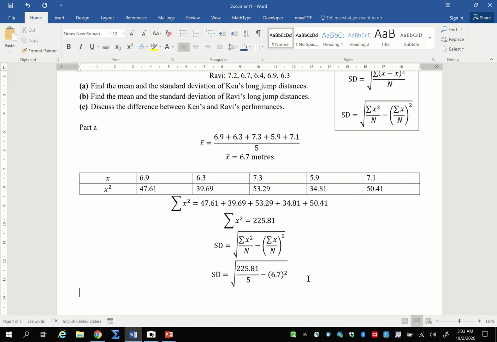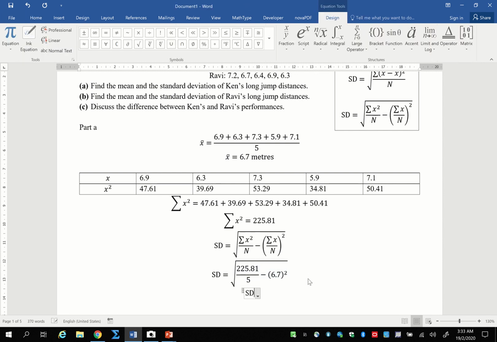If I calculate everything, I should get the square root of 225.81 divided by 5 minus 6.7 squared, which is 0.52522. Round off to 3 SF.